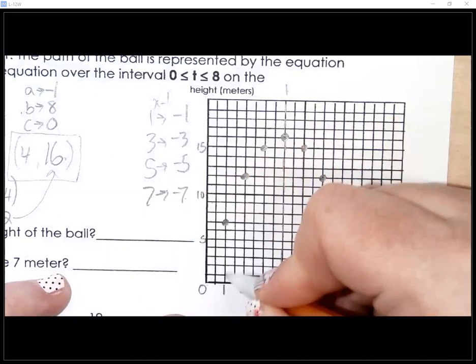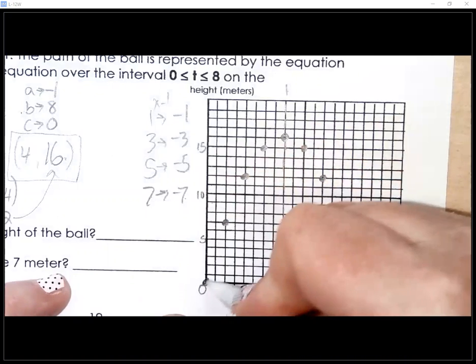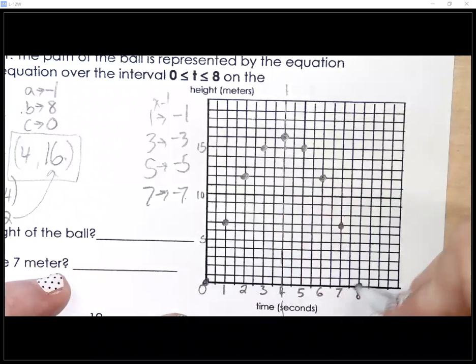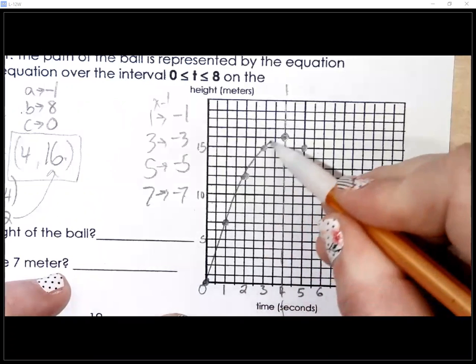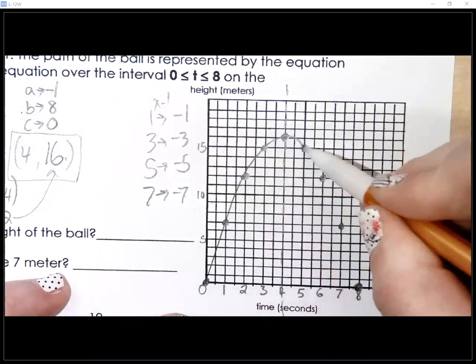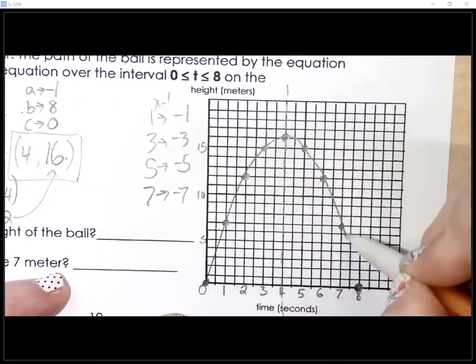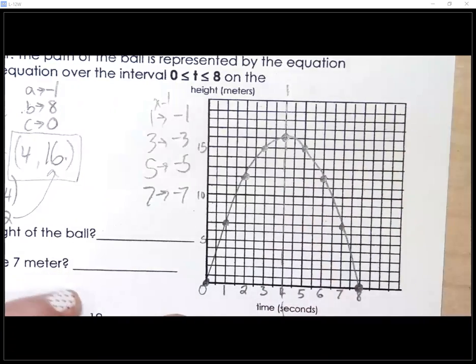Yeah. And look how nice. It lines up perfectly, right? Which makes sense because at 0, it's starting at the ground. Oh my gosh, what a beautiful parabola we just made. Huh? That's really nice.